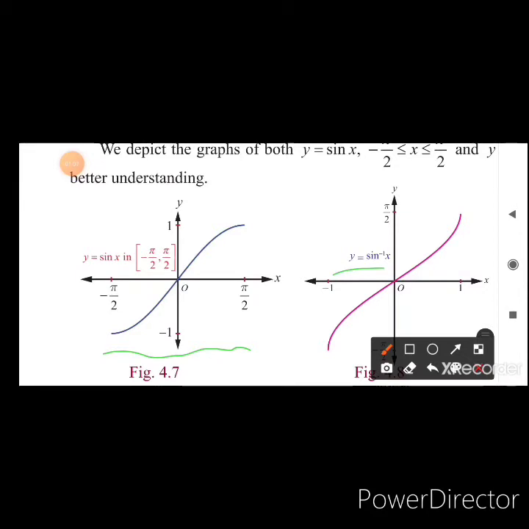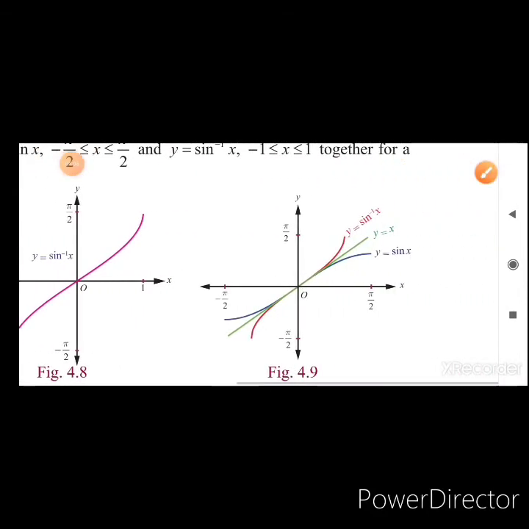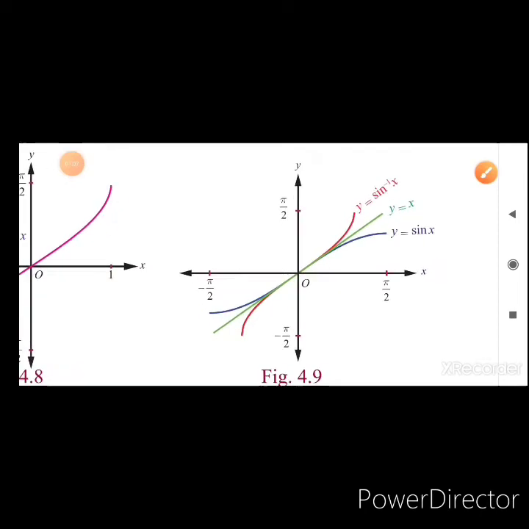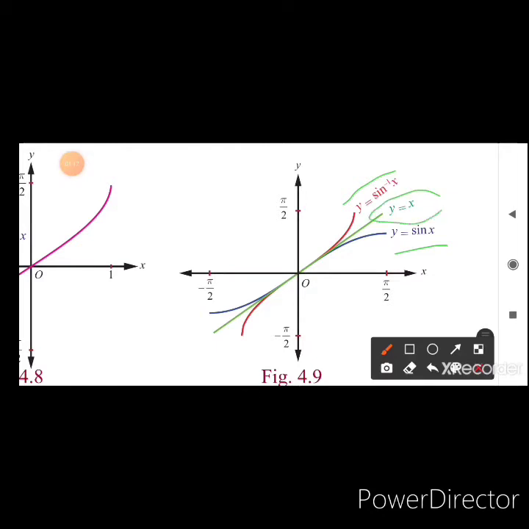These two images are reflections of each other across the line y equal to x.